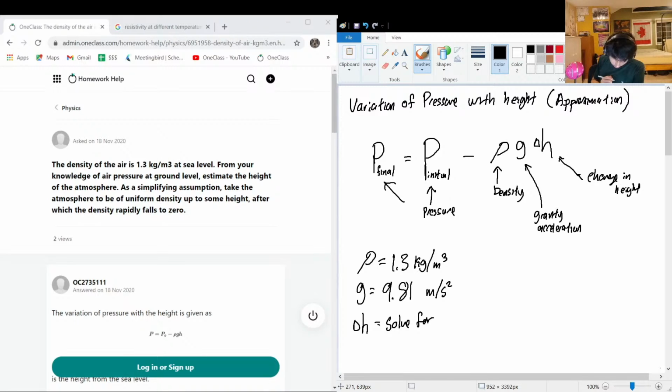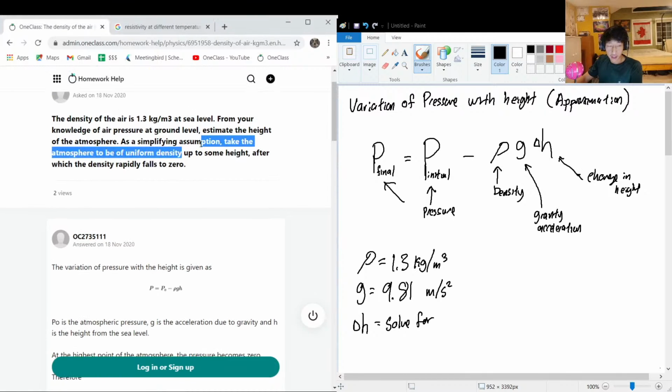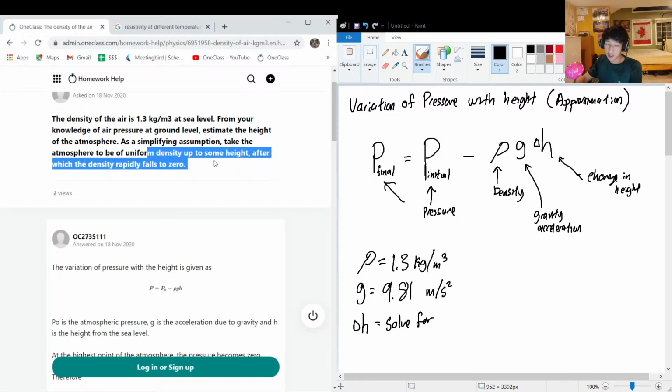The reason why this is an approximate relationship equation is because we are assuming that the atmosphere is going to be uniform density up to some height, and then the density is just going to rapidly fall to 0 afterwards. Now, that's not exactly what the atmosphere does, but using that approximation is how we can come to an equation like this.